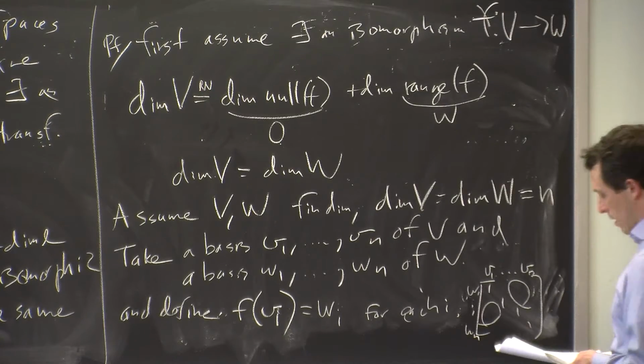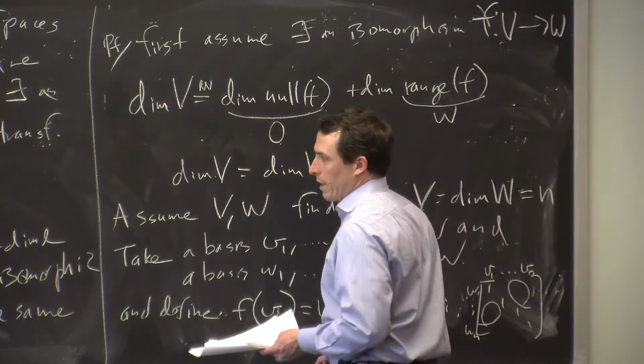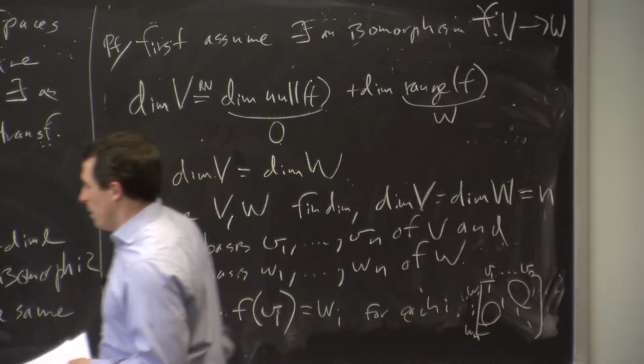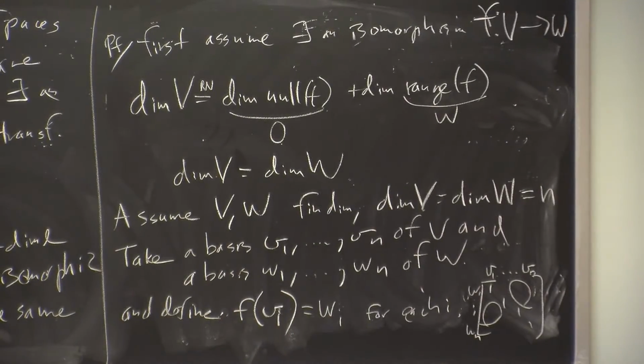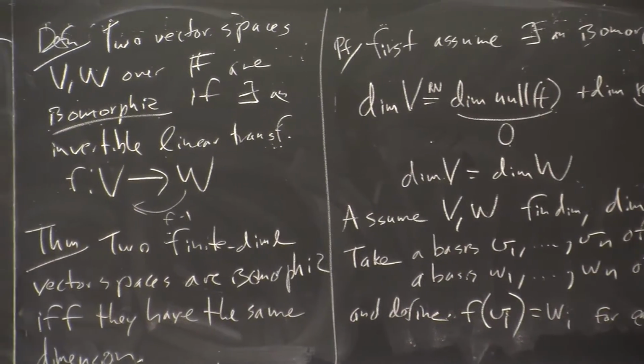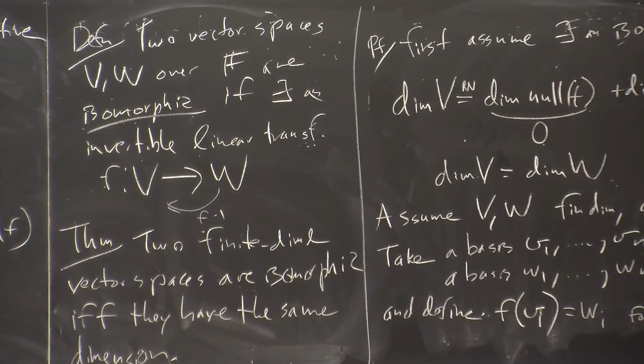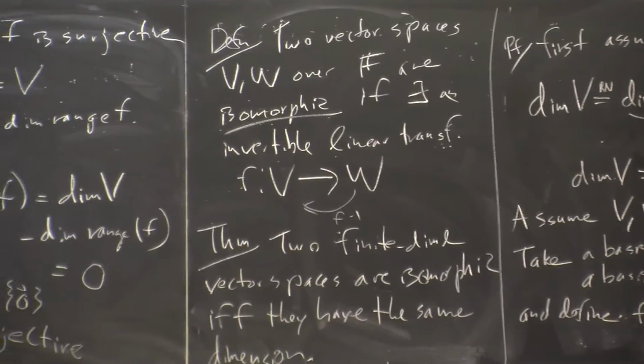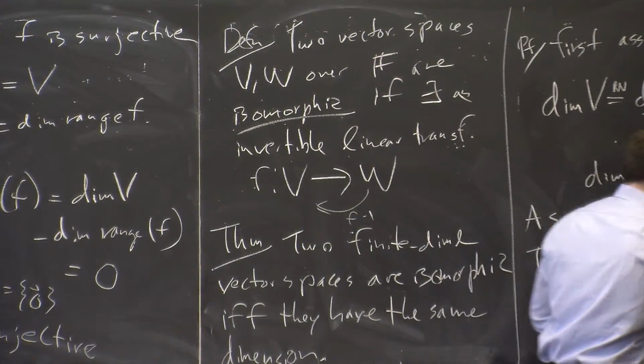And you can check that that's injective and surjective, or that it's invertible. So again, two things can be isomorphic without being naturally isomorphic, without everyone agreeing on what isomorphism we should use. In this case, that corresponds to a choice of basis.